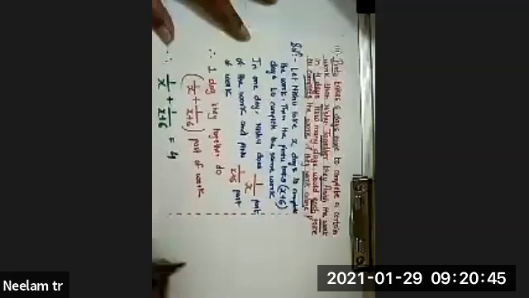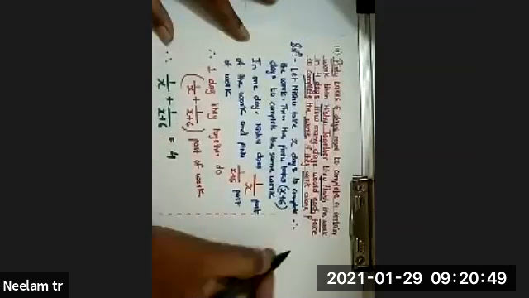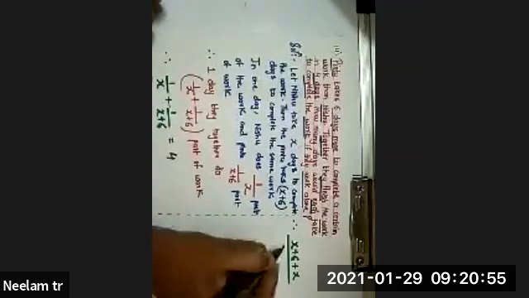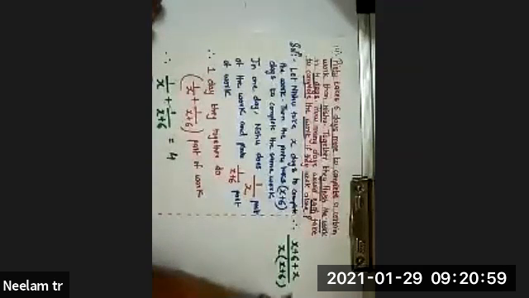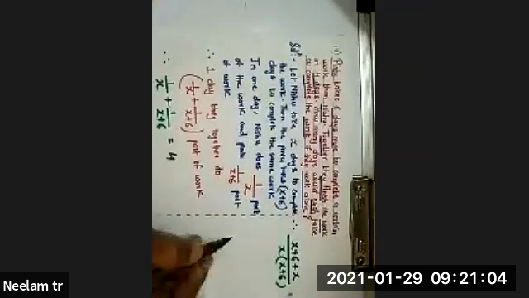Now, chalo, cross multiply it. How will cross multiply happen? X plus 6 plus X, here will be X plus 6, is equal to 4.